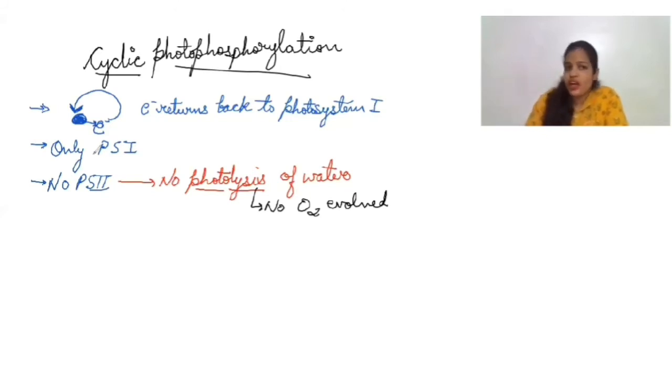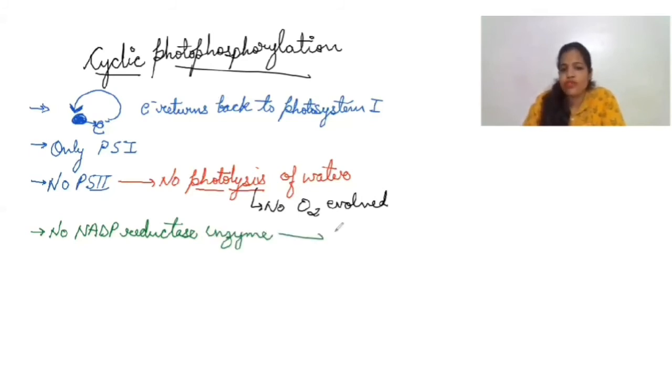Now, here again one other point is there, that is they do not have NADP reductase enzyme on the stromal side, and if this enzyme is not there, what will be the result?